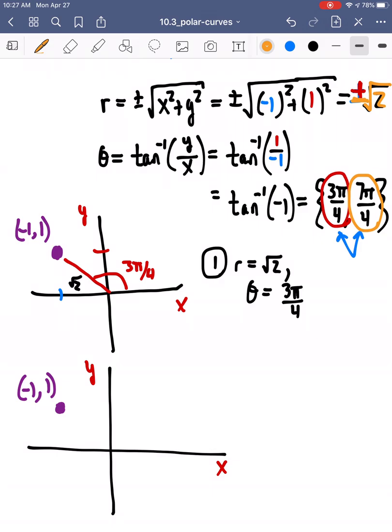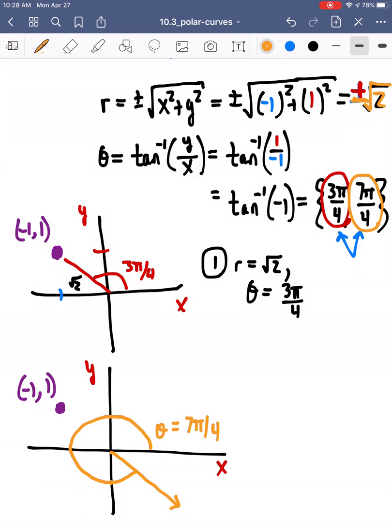Well, an angle of 7 pi over 4, this would be pi over 2, this would be pi, and just keep going until we get to an angle. This would be the angle 7 pi over 4. It basically puts us down somewhere towards quadrant 4. We want to land in quadrant 2.